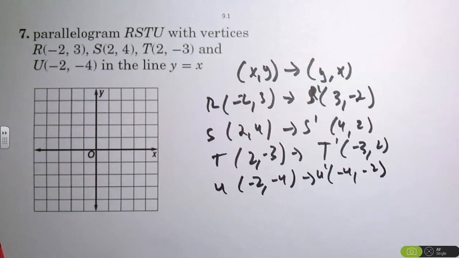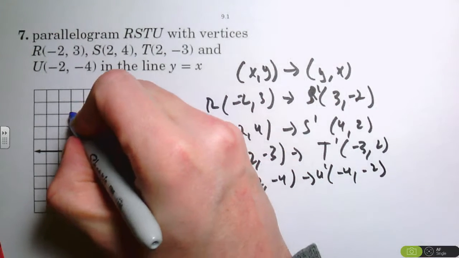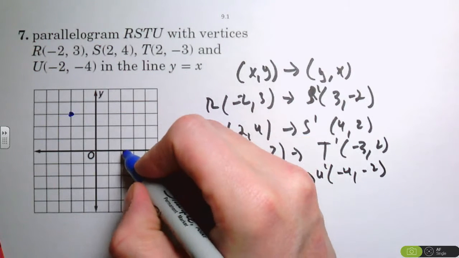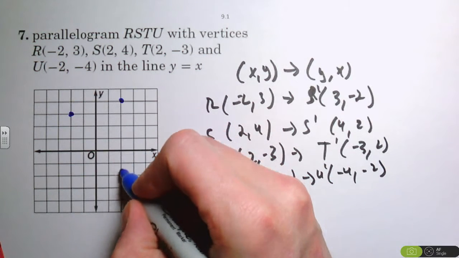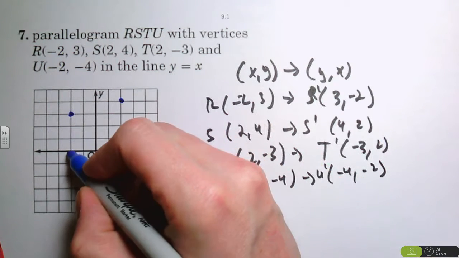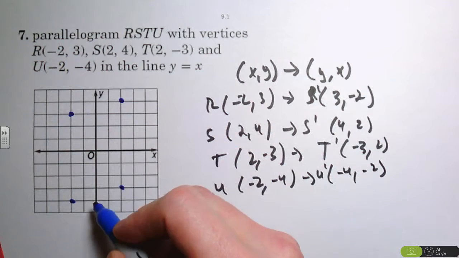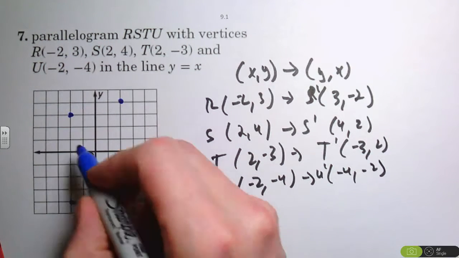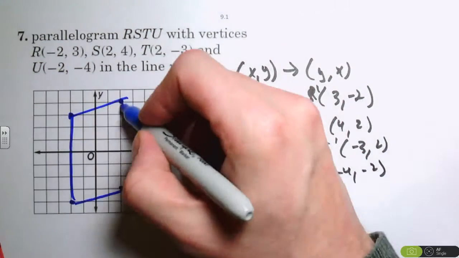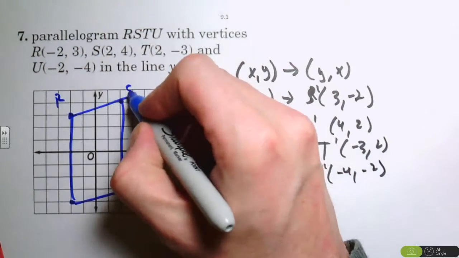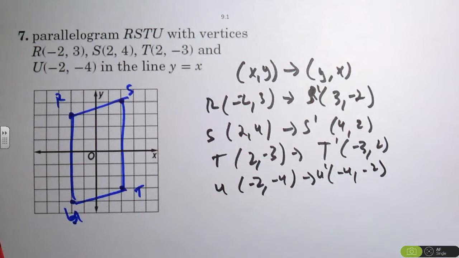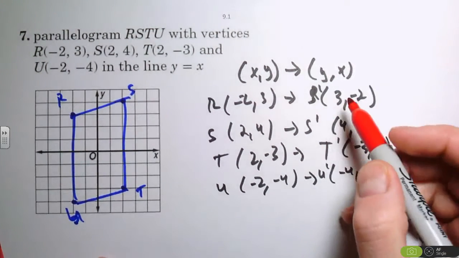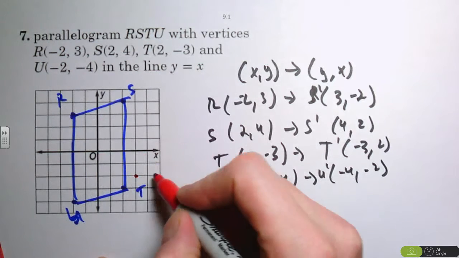Okay. So again, R is at (-2, 3). S is at (2, 4). T is at (2, -3), and U is at (-2, -4). Okay. So R, S, T, U. And then R prime is at (3, -2).